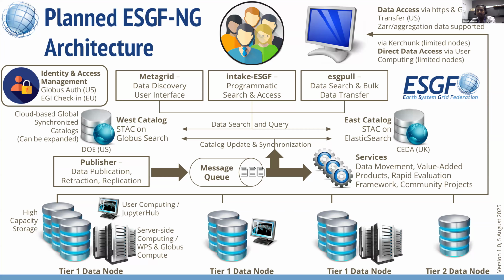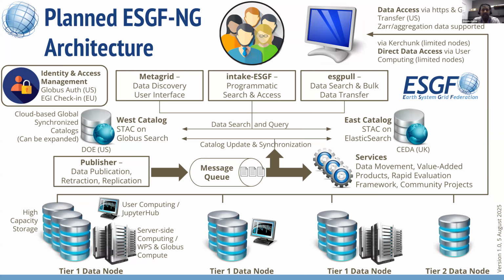And then at the bottom is really how these different services are hosted at a range of nodes across the federation. Just to highlight, there are two tiers of data nodes within ESGF.